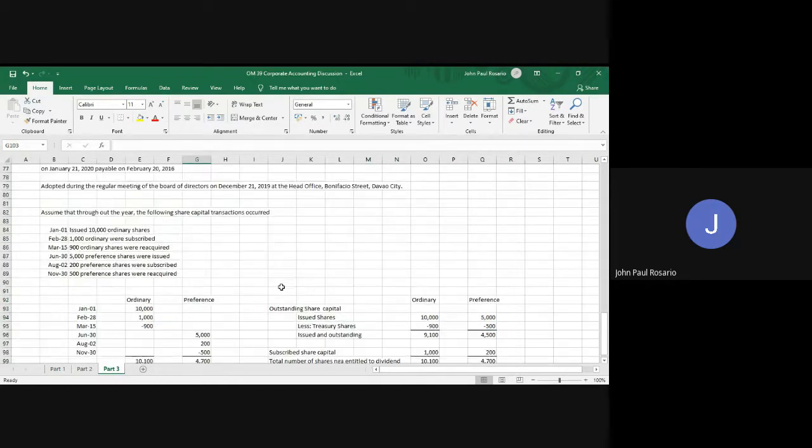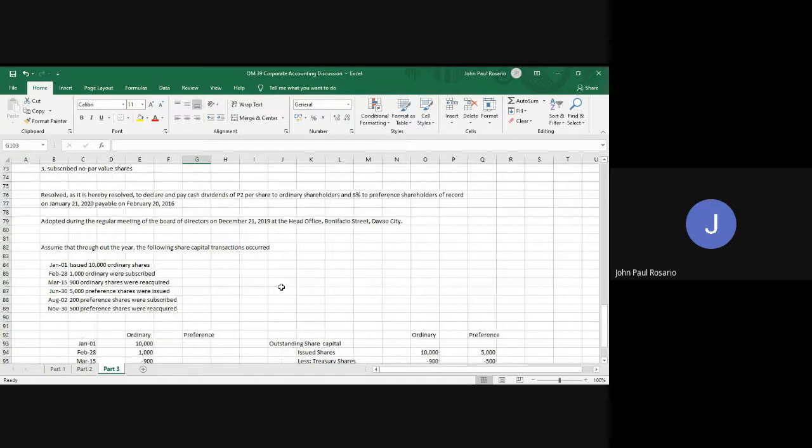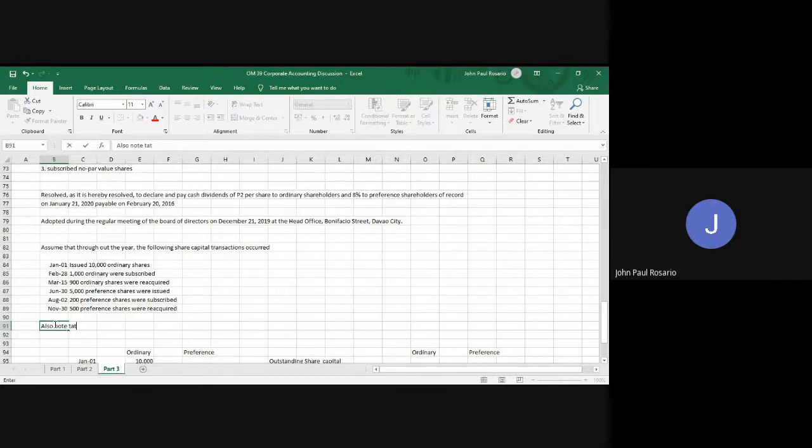Also note that the par value of ordinary shares is 8 pesos and 5 pesos for preference shares.